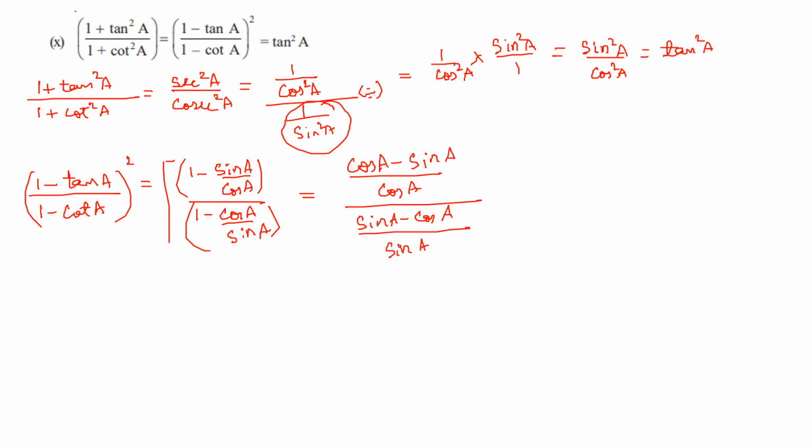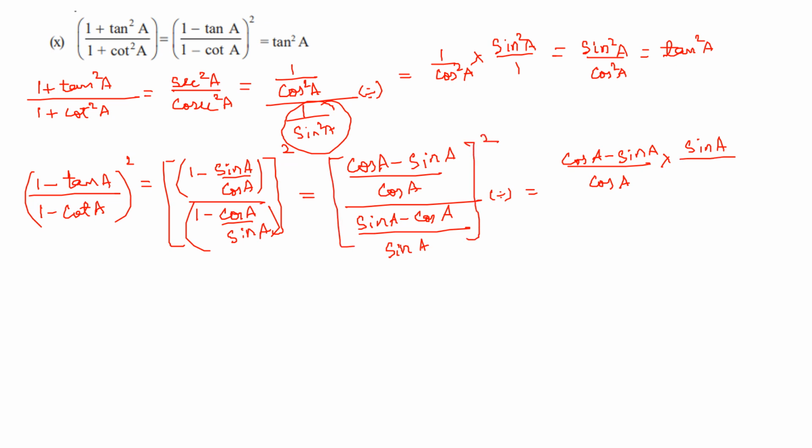And I forgot to put this all is a square. Okay, now this is your division line. So if you change division to multiplication, what will happen? Cos A minus sin A divided by cos A into sin A, again complete is a square, okay, divided by sin A minus cos A.